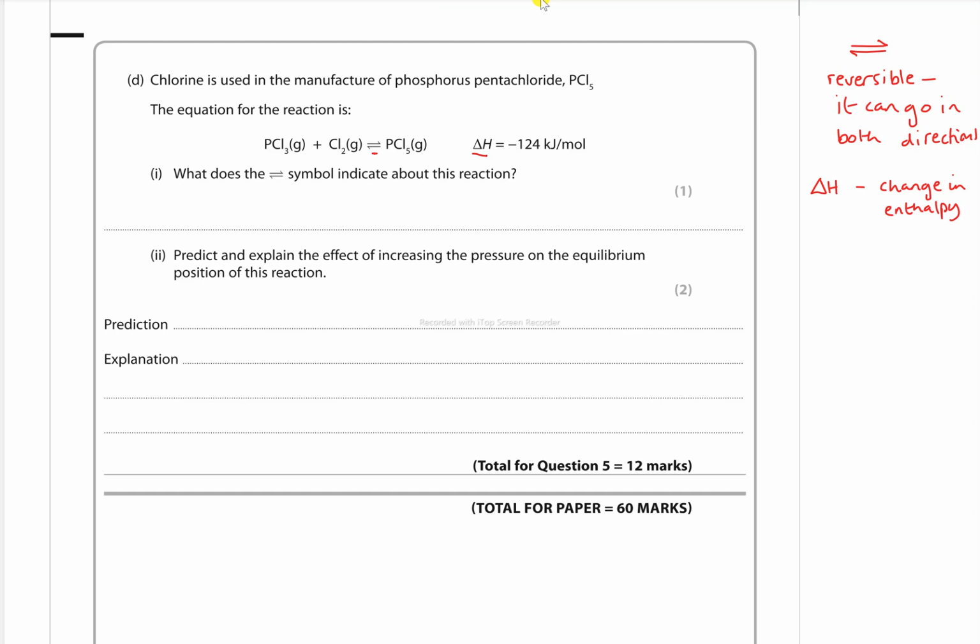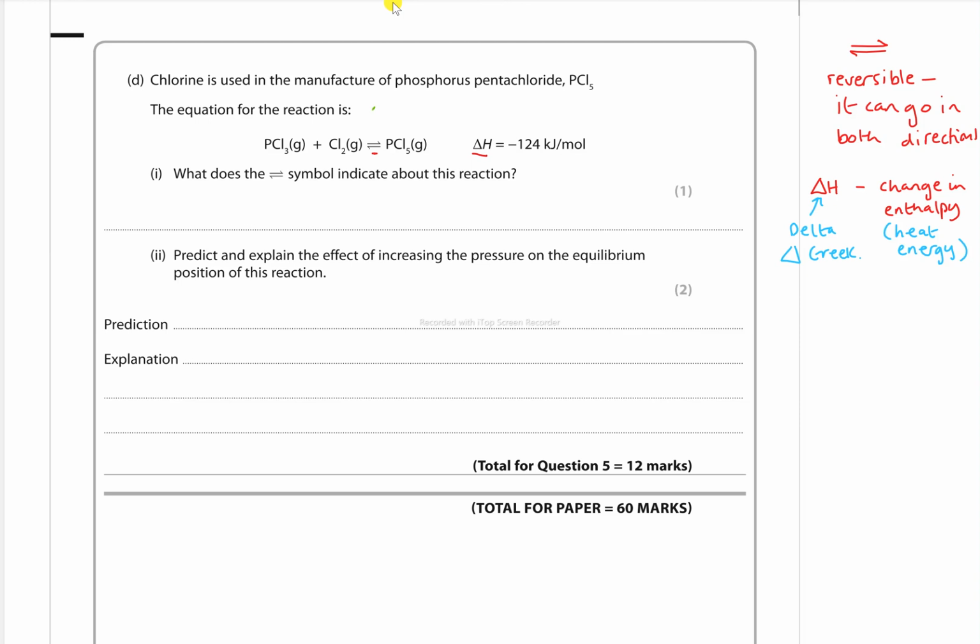Right, another word for enthalpy you can say is heat or energy. Or heat energy. This here we said was a delta, and it's a capital letter D in the Greek language.